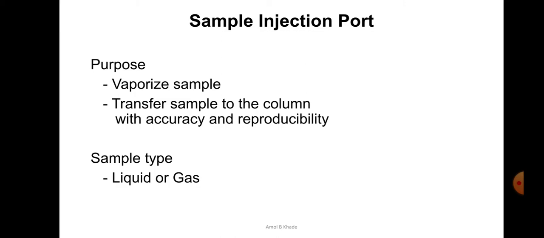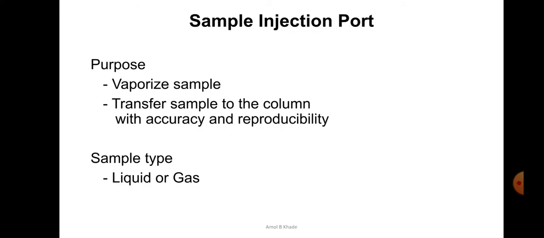So we may use an auto sampler system for delivering the exact and reproducible volume of our sample. Here the sample usually should be injected either in the form of liquid or in the form of gas.